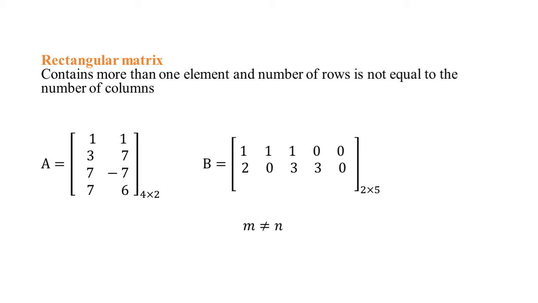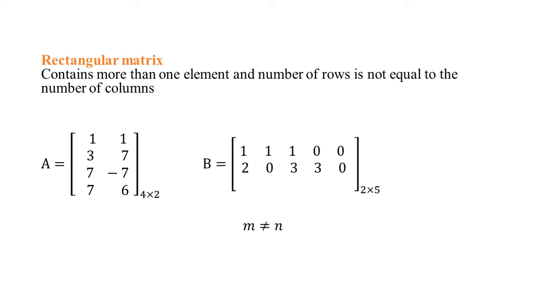so it is a rectangular matrix. Also, consider the example B is equal to 1 1 1 0 0, that is the first row, 2 0 3 3 0, the second row. It has 2 rows. Now when we see the columns, 1 2 is the first column, 1 0 is the second column, 1 3 is the third column, 0 3 is the fourth column, 0 0 is the fifth column.